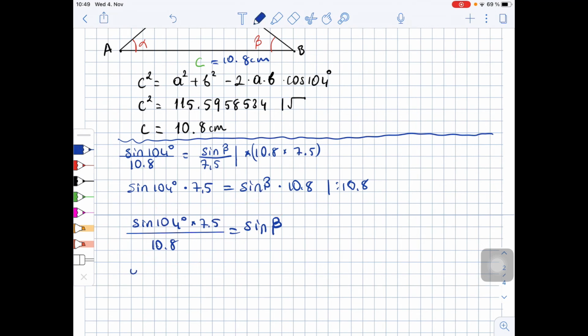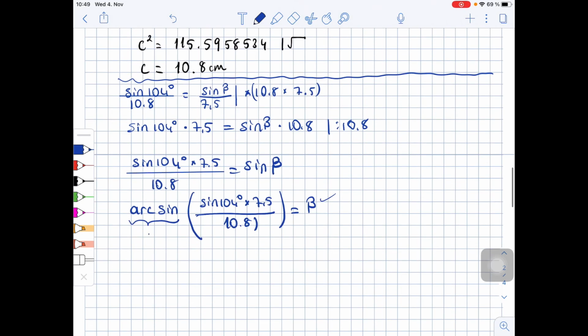We write it like this: arc sinus of sinus 104 times 7.5 divided by 10.8 is equal to beta. This is what we are looking for, the degree. Okay, how am I going to type this in my calculator? Very easy. Use the sin -1 feature.